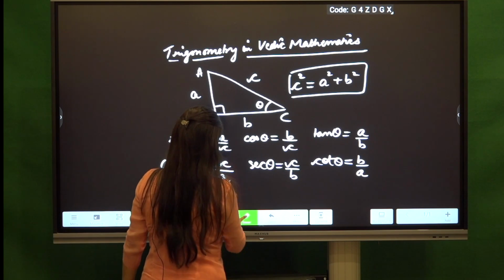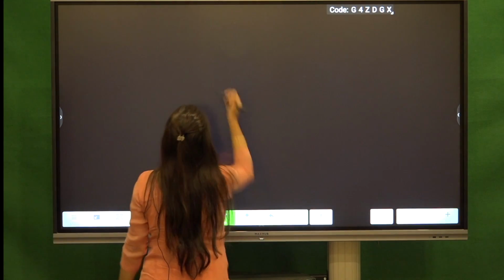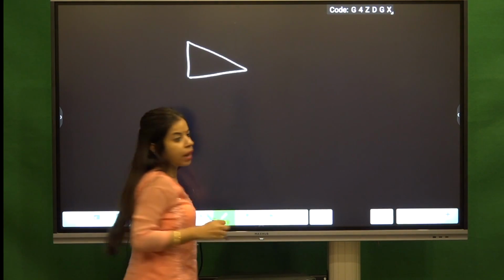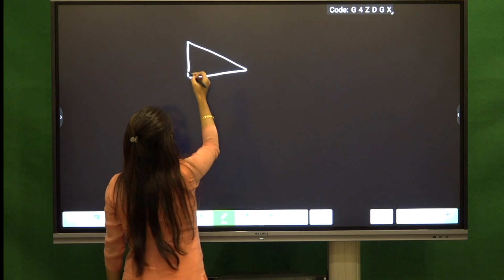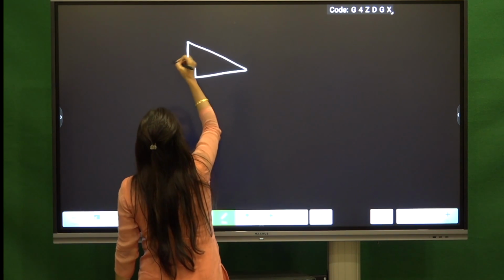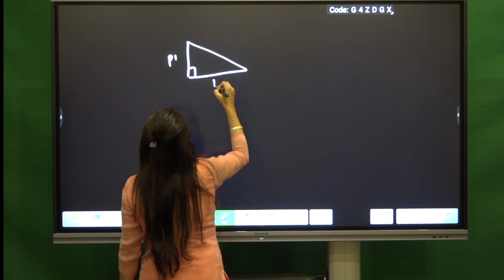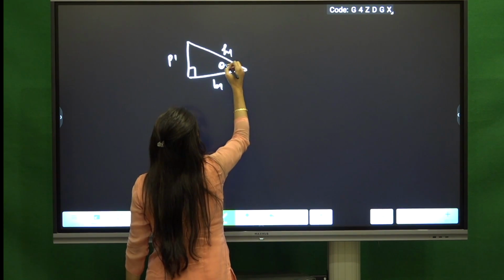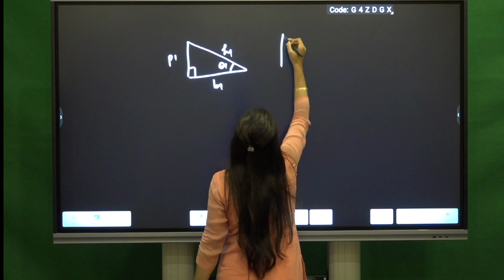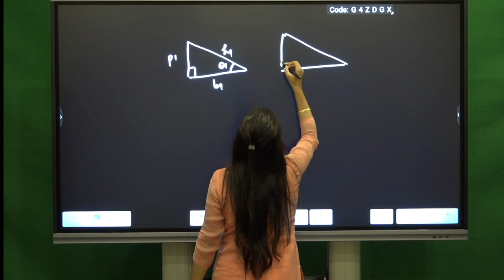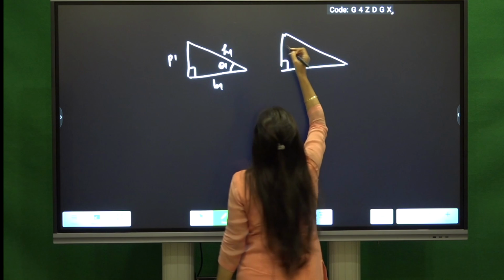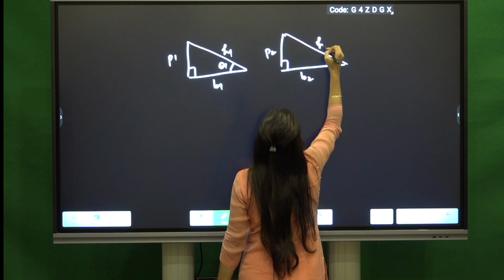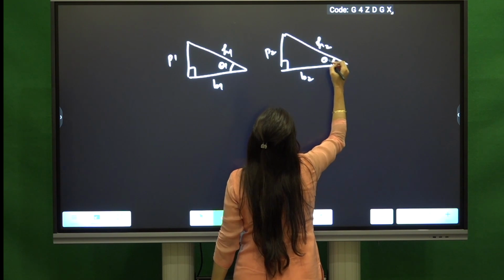So let us consider two right angle triangles, with perpendicular P1, base B1, hypotenuse H1 and angle theta 1, and another right angled triangle with perpendicular P2, base B2, hypotenuse H2 and angle being theta 2.